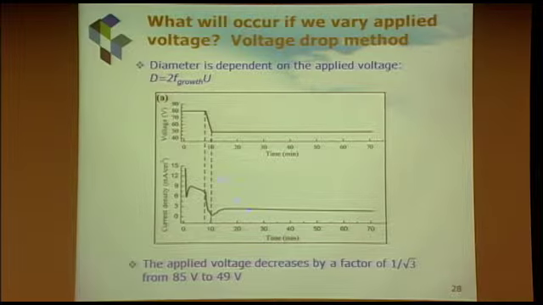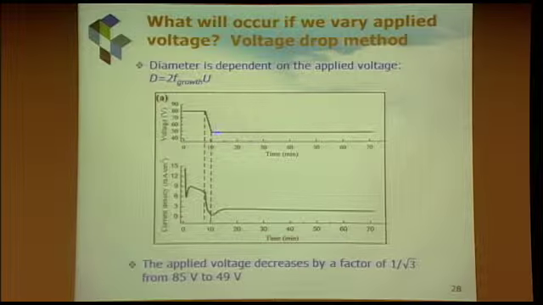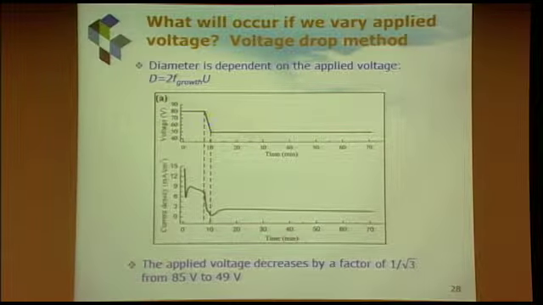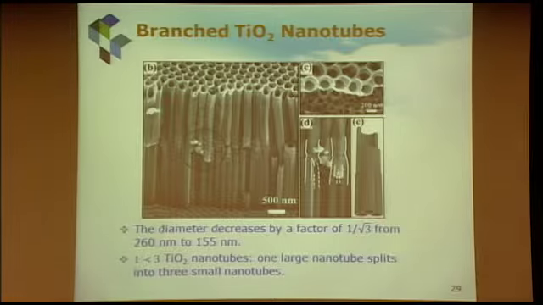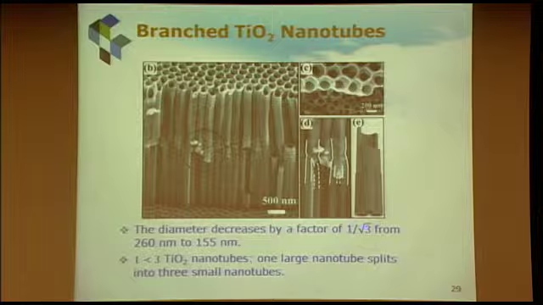And another trick actually is you cannot decrease your voltage randomly. I'll show you a picture on that. But you have to change it following this factor relationship. Now this is what we did. First, if we decrease the voltage by 1 over square root 3, we actually can split one pore into 3 pores.